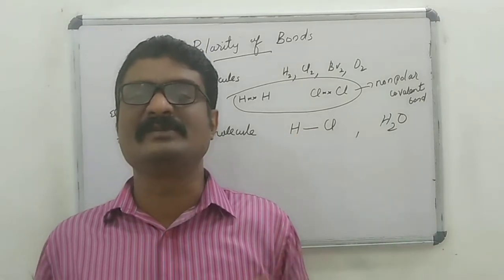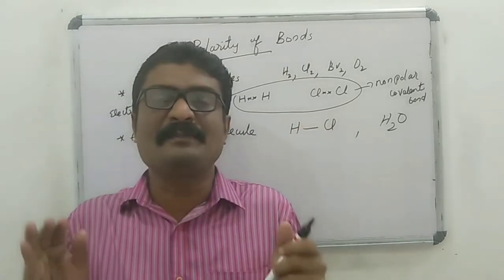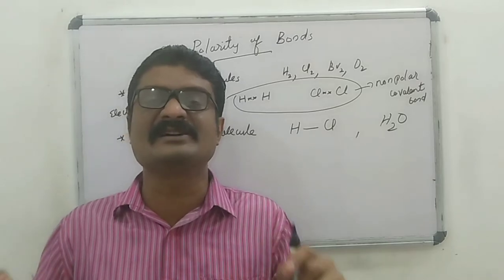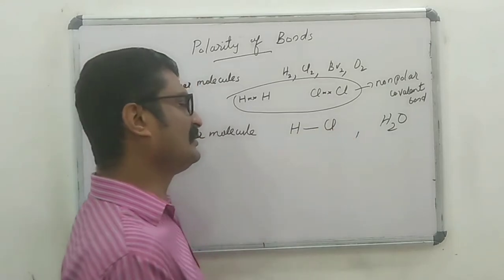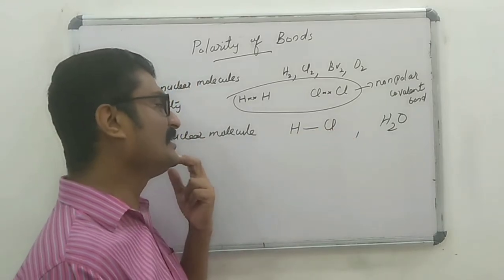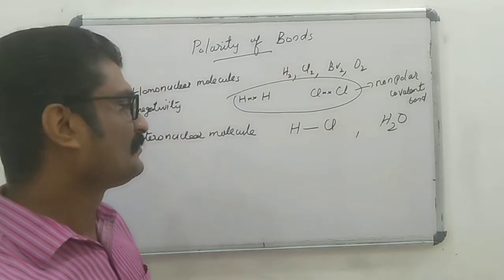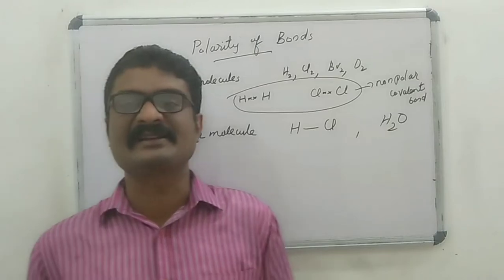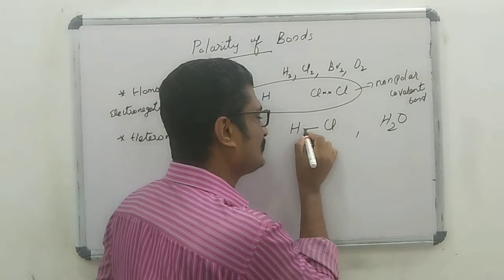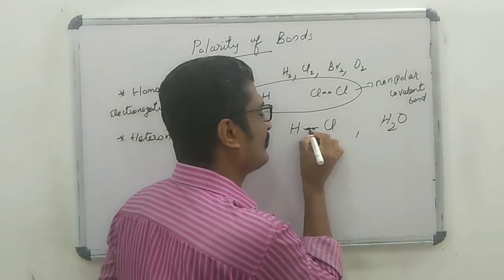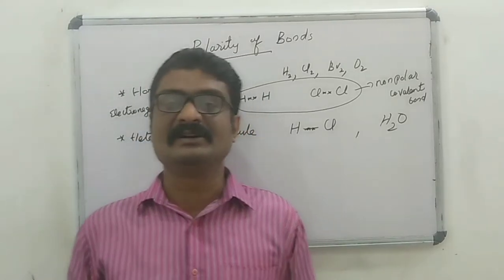Then, if a covalent bond is formed between two different atoms, the bond pair of electrons is displaced towards the more electronegative atom. Here, chlorine is more electronegative than hydrogen. This bond pair of electrons shifts towards the more electronegative chlorine.